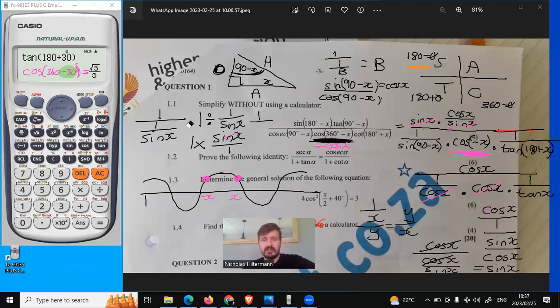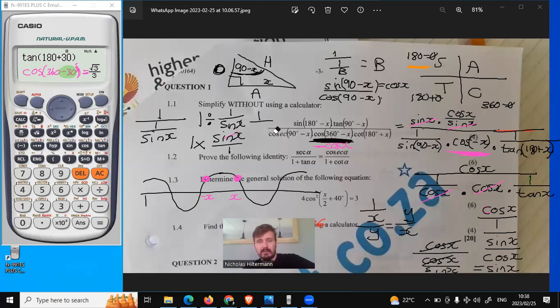I'm not going to do it, because we may be pressed for time. But if you put 30 for x into your calculator, in other words, you type sine 180 minus 30, tan 90 minus 30, and you do this whole thing with 30, you should end up with a half at the end. So that's what I often did if I had extra time at the end.